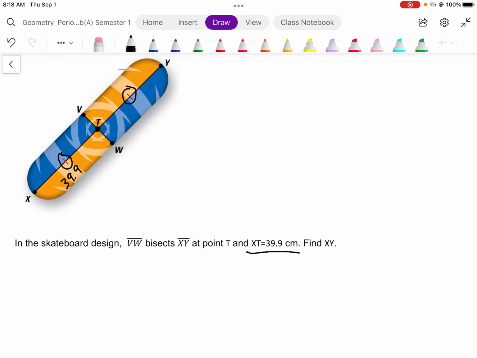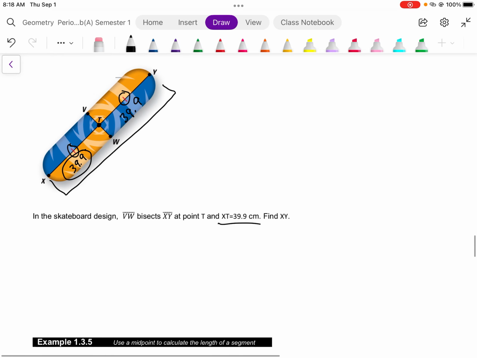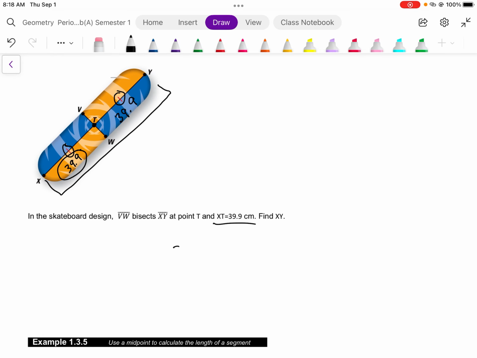They want us to find XY. And if we look, XY is the full length of the skateboard. And because we know that this section here is 39.9 and it's congruent to TY, we know this is 39.9 as well. So to find the full length of XY, we are going to add those two values together.